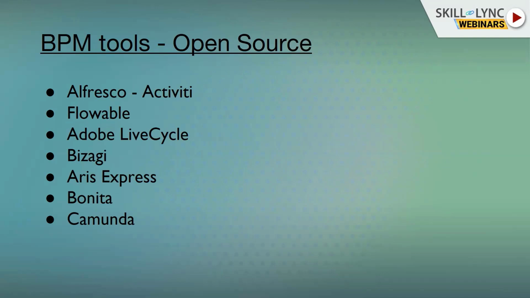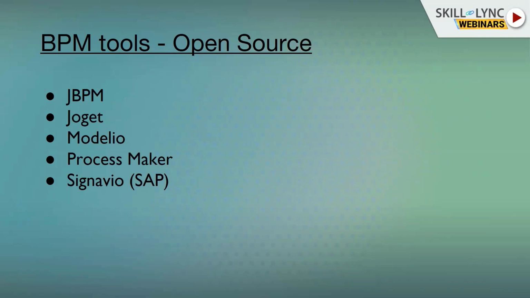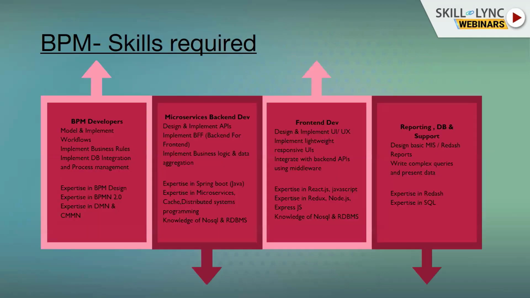And these open source tools also have their community version as well, which comes with the enterprise version, and they will be paid with more features. So Alfresco, Flowable, Adobe Lifecycle, Bizagi, Ares, BonitaSoft, Camunda, jBPM, Joget, Modelio, ProcessMaker, and Signavio. These are a few popular community version BPM tools.